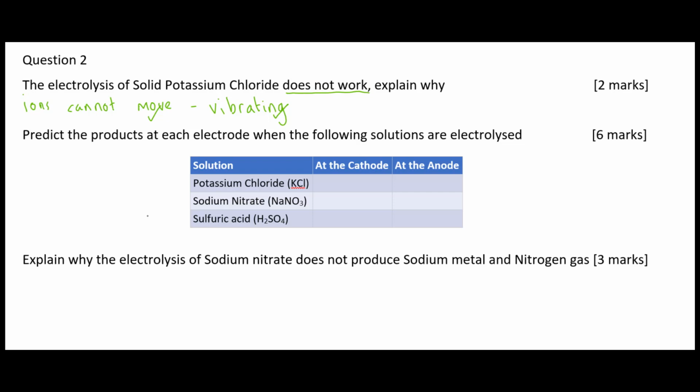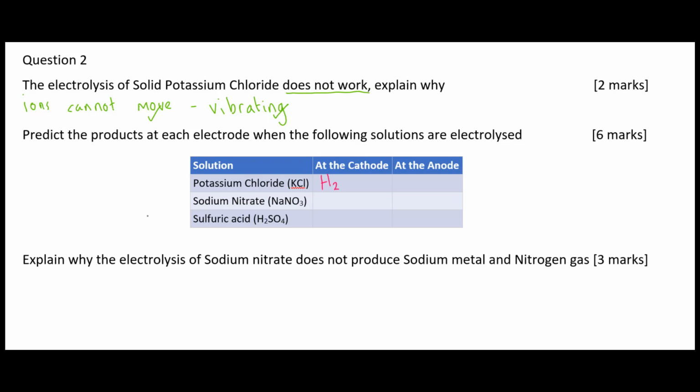And at the cathode, remember that the cathode is the negative electrode. At the negative electrode, we would see some bubbles or a gas being produced. And this gas would be hydrogen.